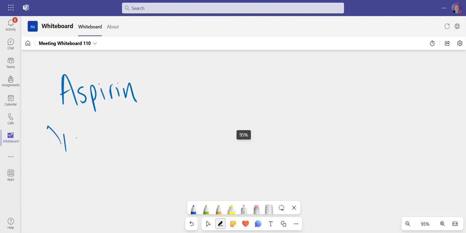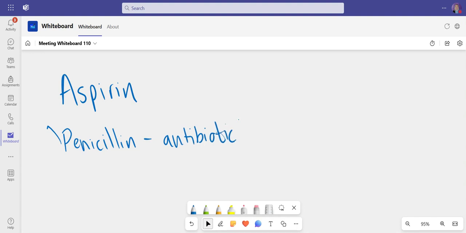So penicillin is an antibiotic, and that works with an inhibitor. Another one is an ATPase inhibitor. Okay, so ATPase is making ATP. So there's lots of examples, and you can research a little bit about each of those if you want to, but you don't have to recall them.